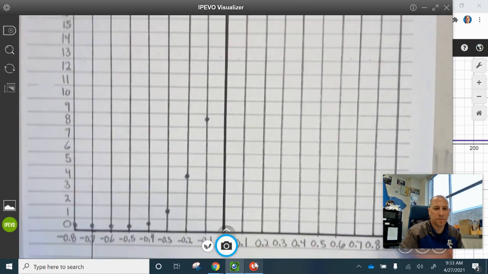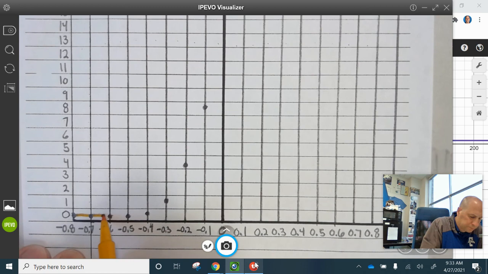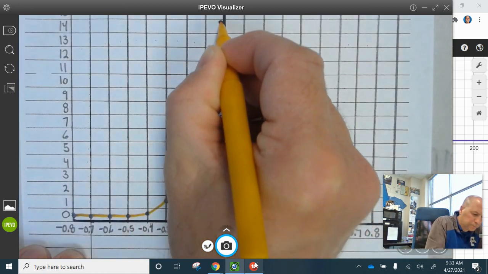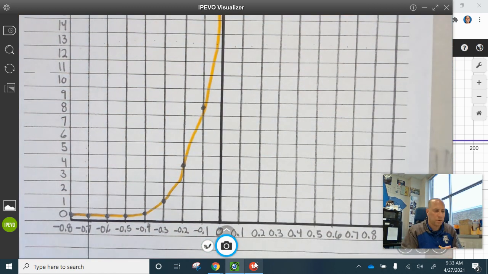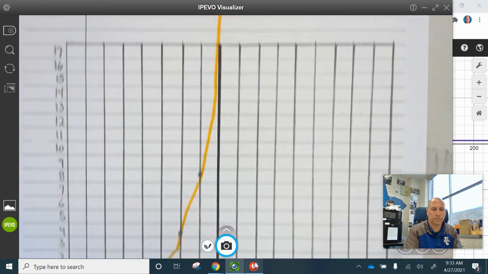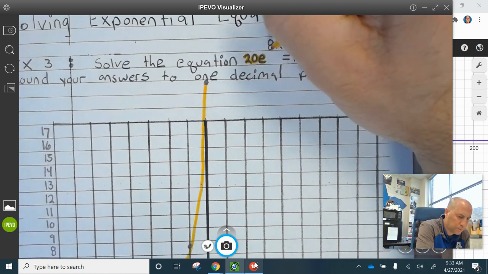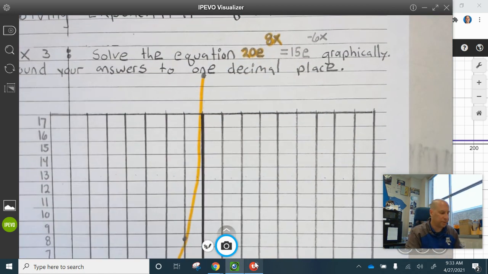All right, so we're going to graph the left side. All right, so we graph the left side. Now let's graph the right side.